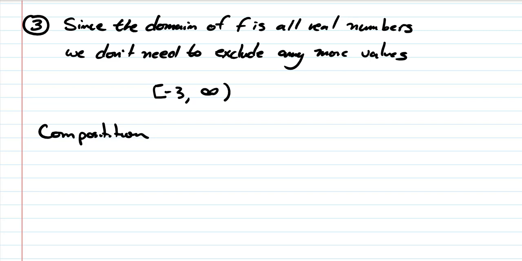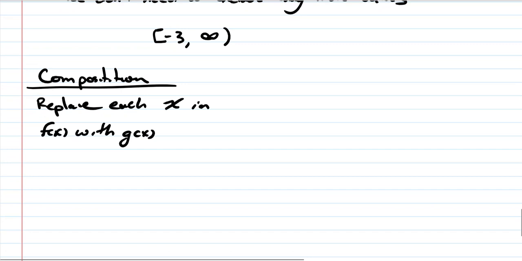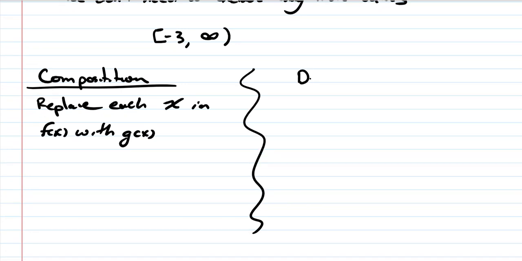So with composition, we did the following. We replaced each x in f of x with g of x. Well, if we want to do the opposite thing, we're going to call it decomposition.